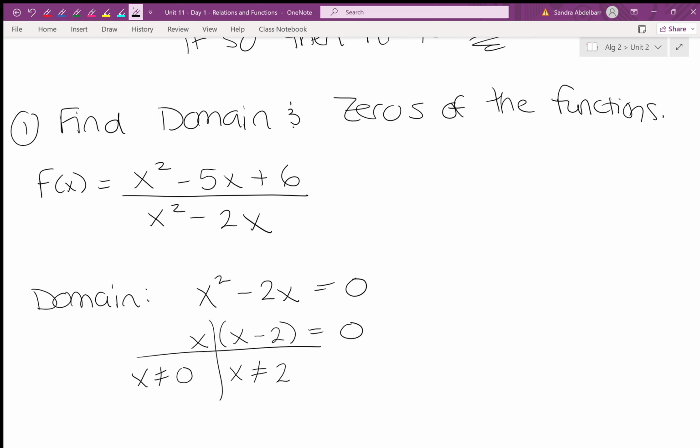So how are we going to write this? We can write all reals, or you could just say x cannot equal 0, 2. So I'll put a little star: set denominator equal to 0.